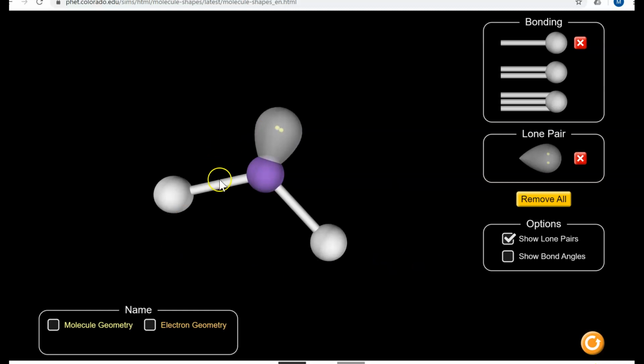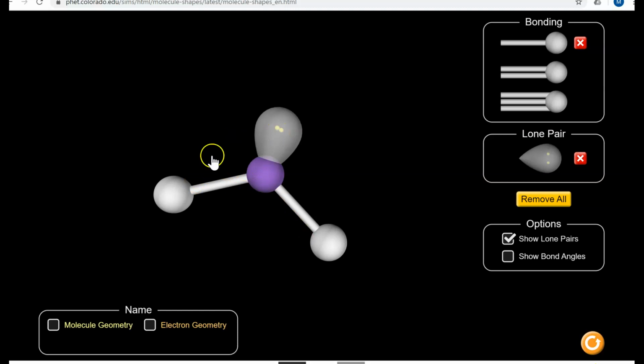You can see that the angle between the 2 atoms is 120 degrees, but so is the angle, or very close to 120 degrees, between the lone pair and the single bond. It changes just a bit, but for Gen Chem 1, we're going to call it 120.